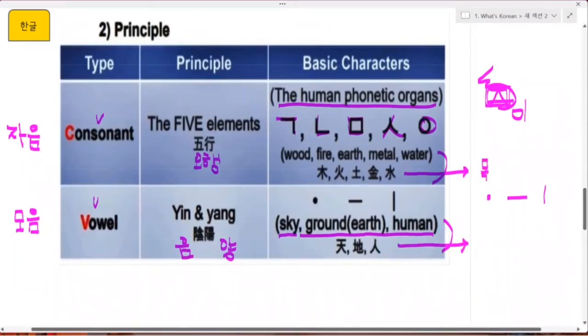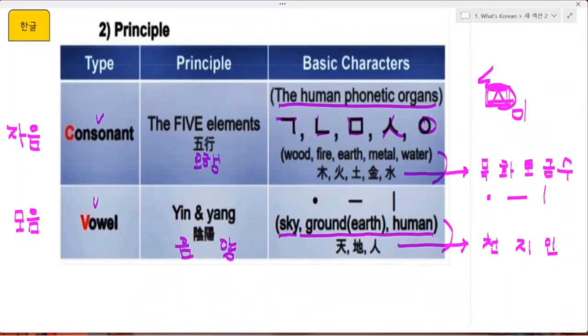목, 화, 토, 금, 수, and 천, 지, 인. As I said, Chinese characters are divided into the meaning and sound, and we merely use the sound.